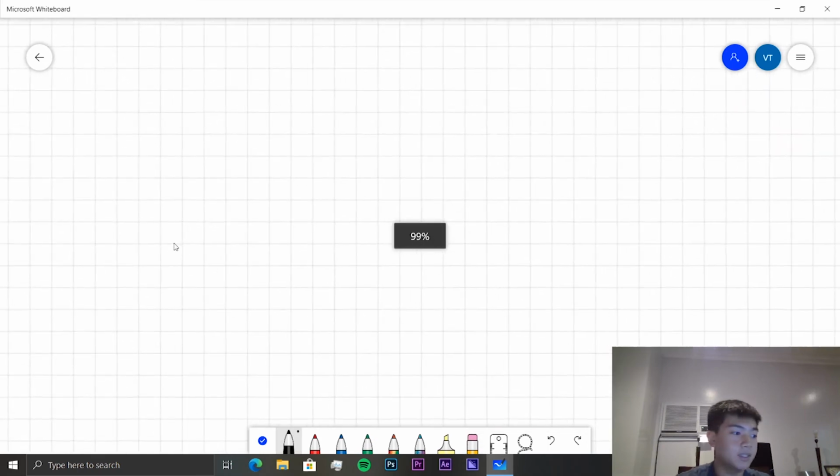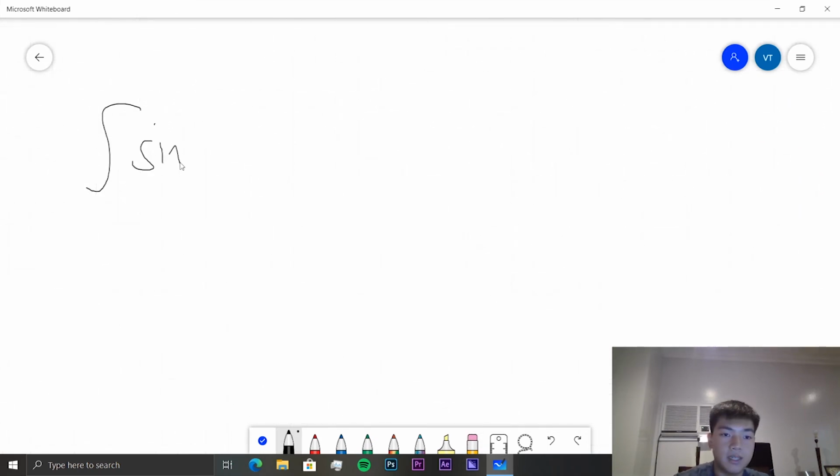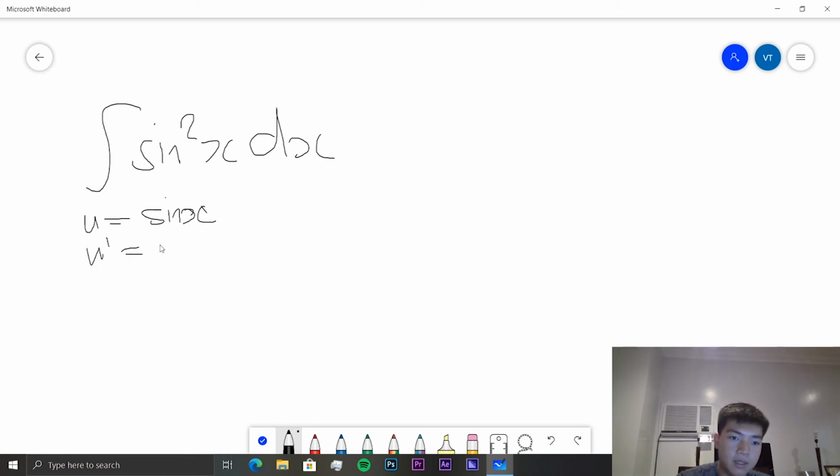And that one is the integral of sine squared x dx. We could also alternatively do this in a different way, using double angle theorems, but let's not. For the purposes of this exercise, let's say that u is sine x, u prime is equal to cosine x, v prime is equal to sine x, v is equal to negative cosine x.